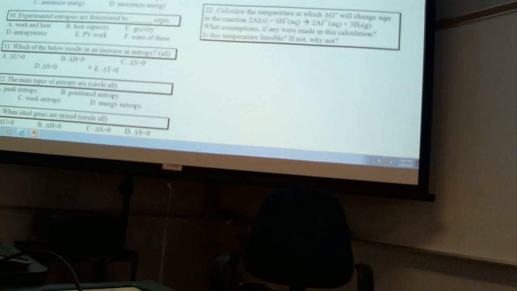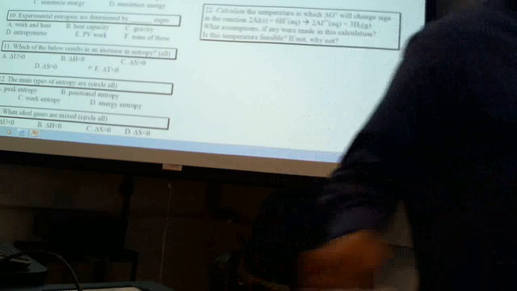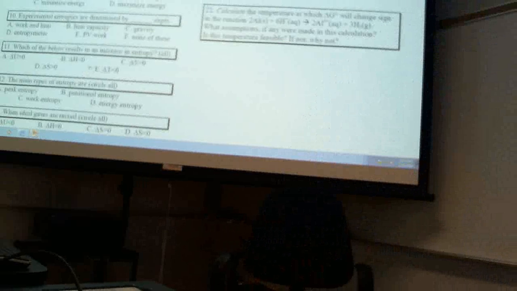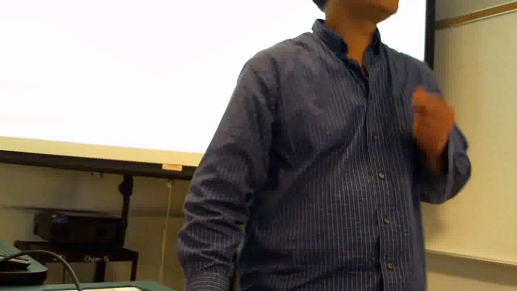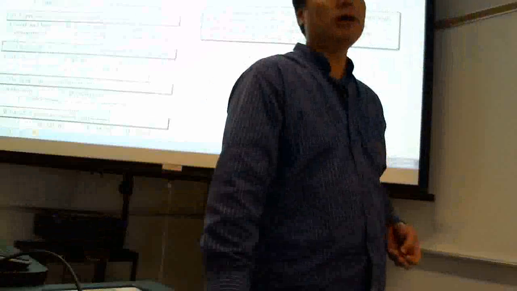So there's no change in chemical identity. The only thing that's changing is the kinetic energy. If the kinetic energy is changing, then this has to be at T1 or T cold, and this must be at T hot. The kinetic energy is changing here. And so we're going from cold to hot.